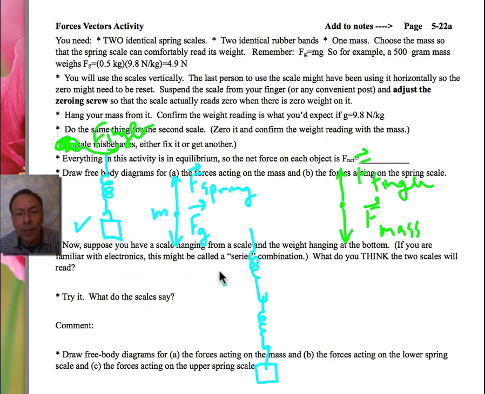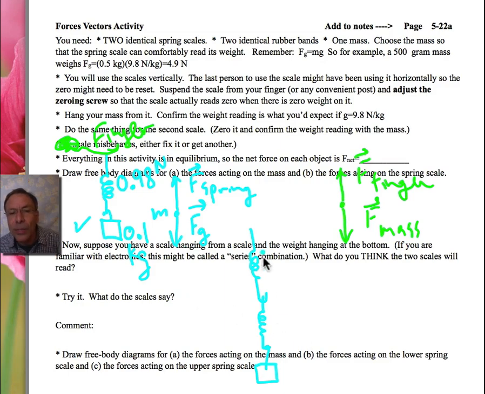Let's say it's 0.1 kilograms for this mass. In that case, the scale should be saying 0.1 times 9.8, 0.98 newtons. So if it's 1/10 of a kilogram, the scale should say 0.98.